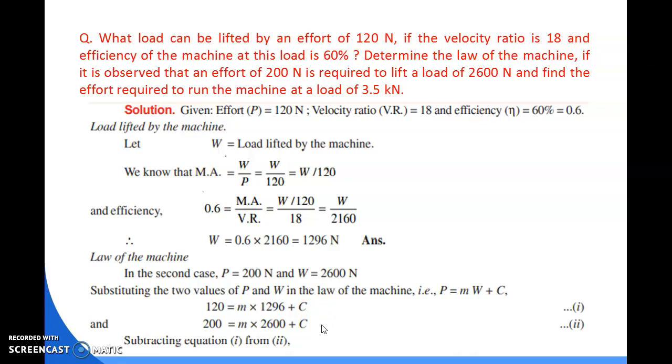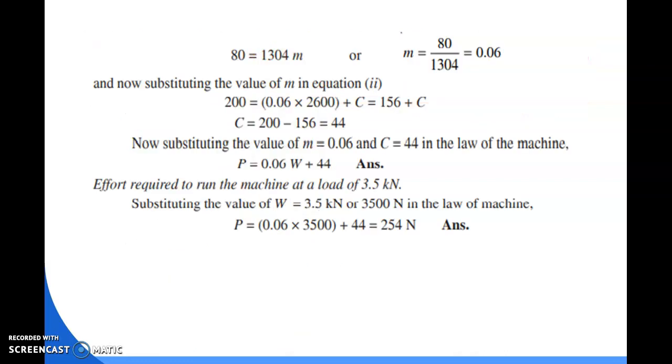Then by subtracting equation 1 from equation 2, we get the value of m as 0.06.